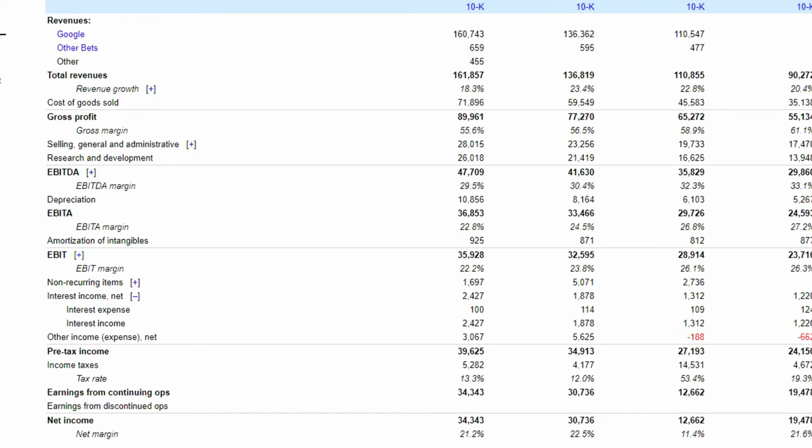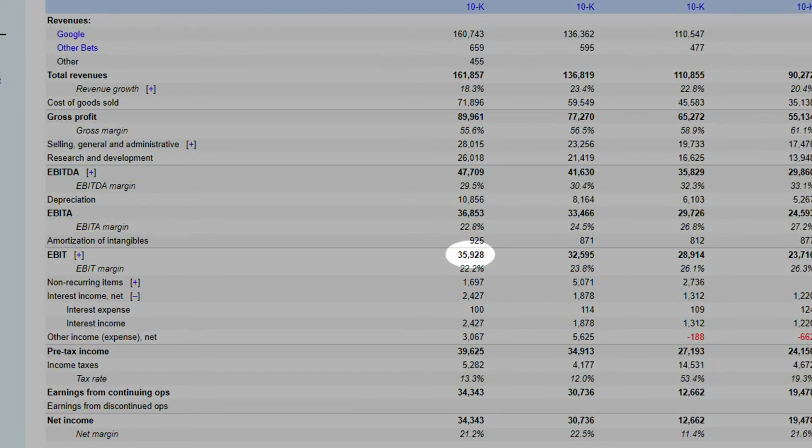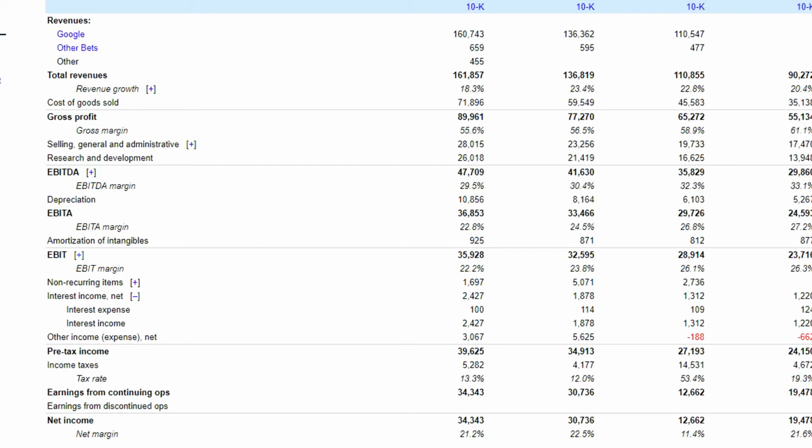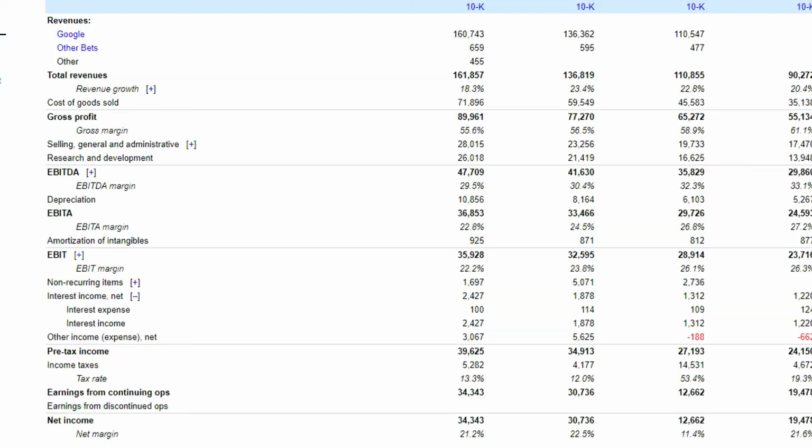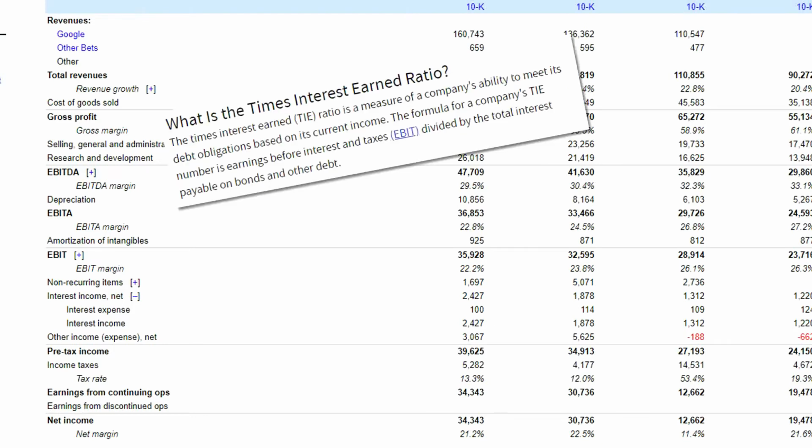The last thing we want to look at is to go back to the annual income statement. We want to compare interest expense to operating income, or EBIT. In Google's case, they had $35.9 billion in EBIT, earnings before interest and tax, and they had $100 million in interest expense. There's a ratio you can calculate called times interest earned, which means how many times operating income, or EBIT, will cover interest expense.